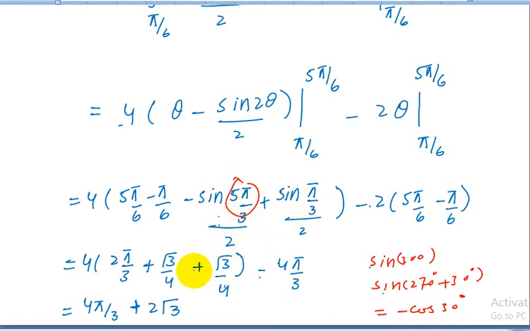So putting the value of cos 30, which is root 3 by 2, and dividing by 2, it becomes root 3 by 4. Again, sine pi by 3 is root 3 by 2, and dividing by 2, it becomes root 3 by 4. Similarly, simplifying the last term, it becomes minus 4 pi by 3. Now just simplifying the above terms, we get 4 pi by 3 plus 2 root 3.